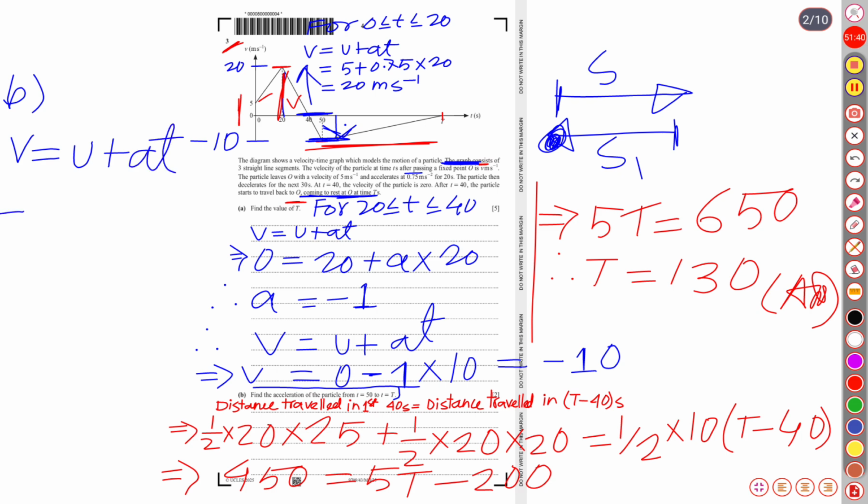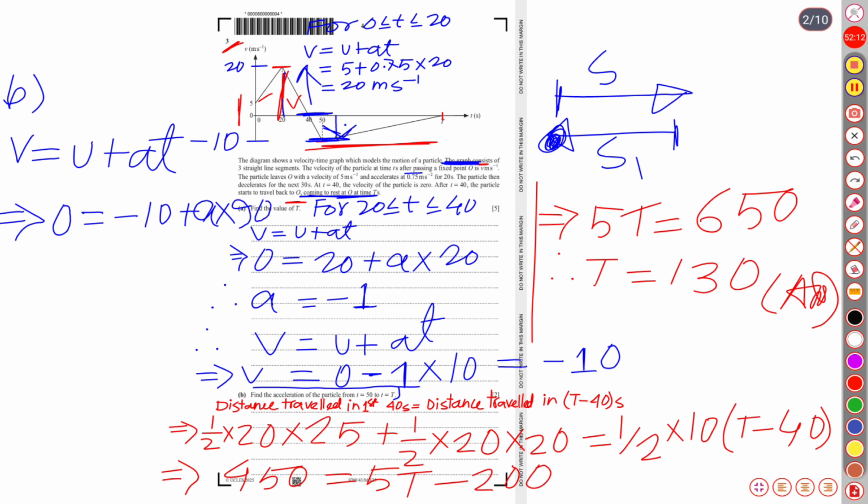The final velocity is going to be 0 because it came back to rest, and the initial velocity was negative 10, plus a, which is to be obtained, and t was 130.